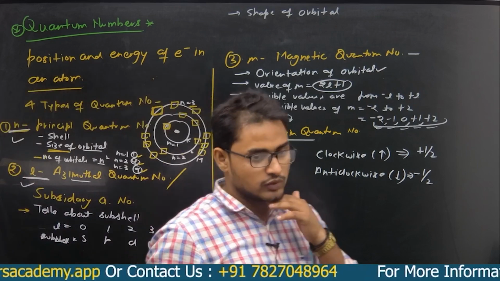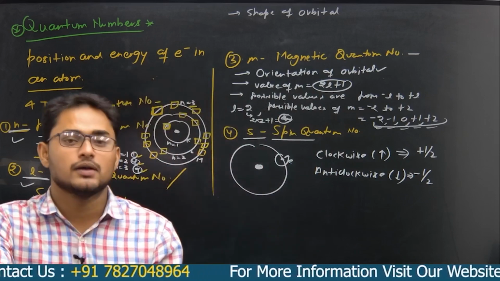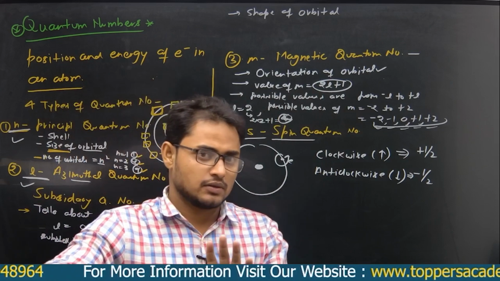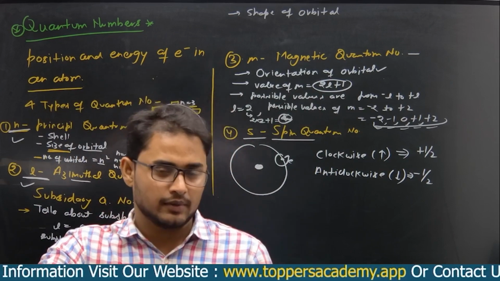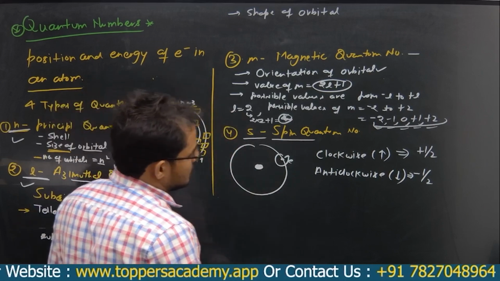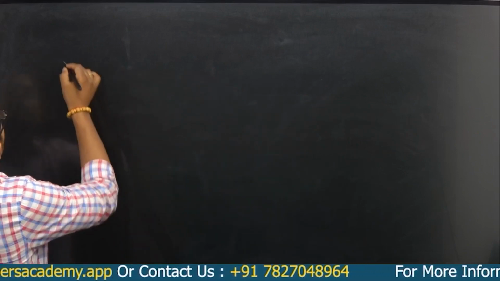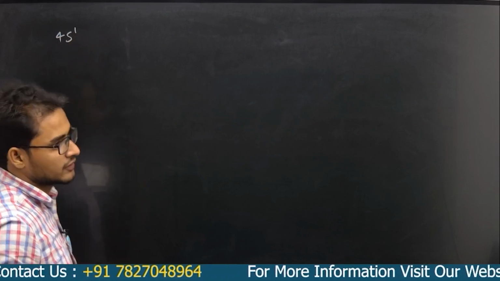Now I am going to take some examples of how we calculate quantum numbers. I will take 4 examples and calculate the 4 quantum numbers for each. Suppose the question is: calculate quantum numbers for 4s1.